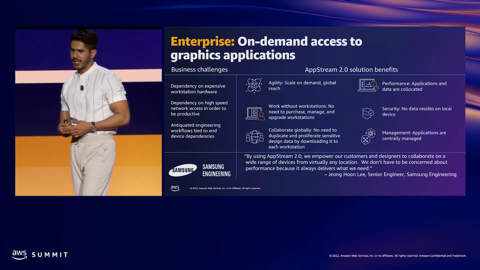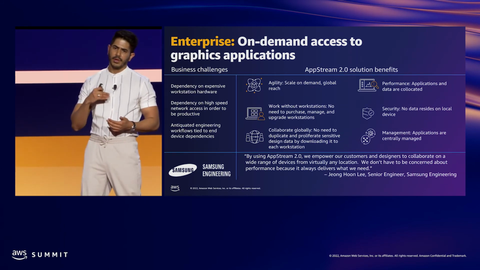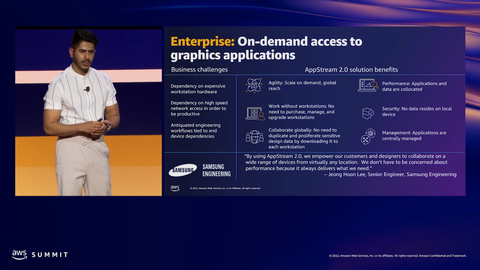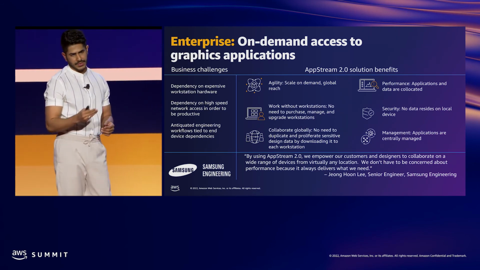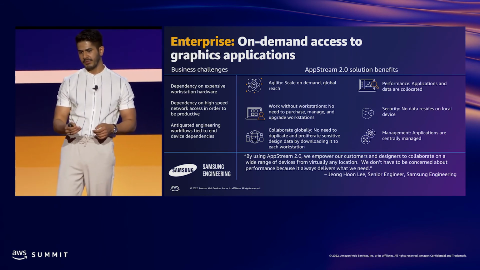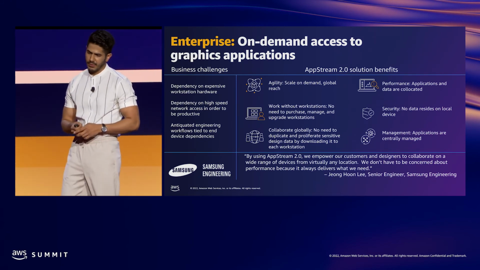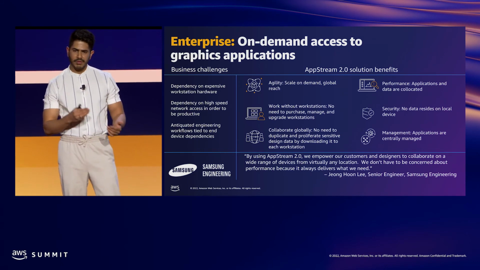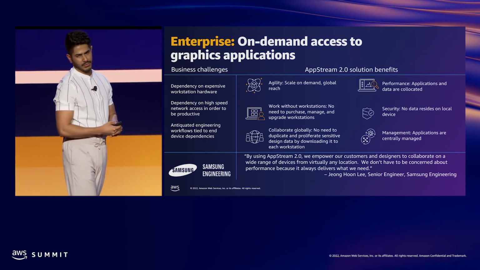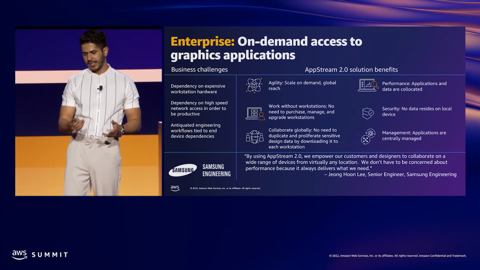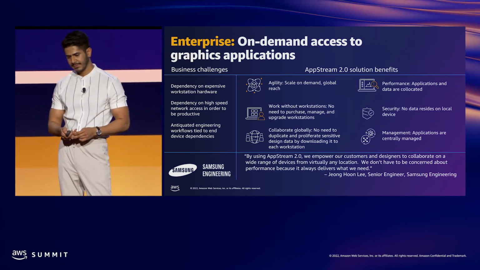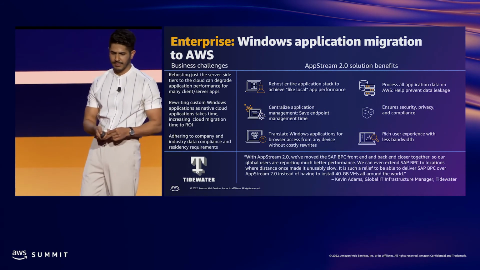Customers really wanted a way to provide that graphics heavy or GPU experience to end users without having to pay for hardware. So with our GPU enabled instances, Samsung was able to use graphics instances on AppStream and deliver to their end users and customers.